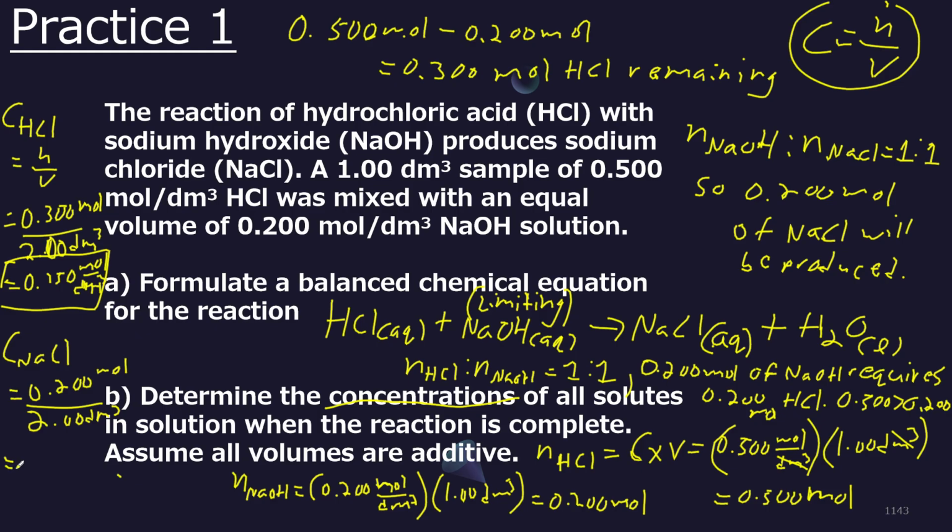And that comes out to a slightly different number, 0.100. Okay, so those are the final answers. Concentration of HCl solute, which probably exists as H plus and Cl minus, and then the concentration of NaCl, which probably exists as Na plus and Cl minus. All right, that's good. More practice then, move on.